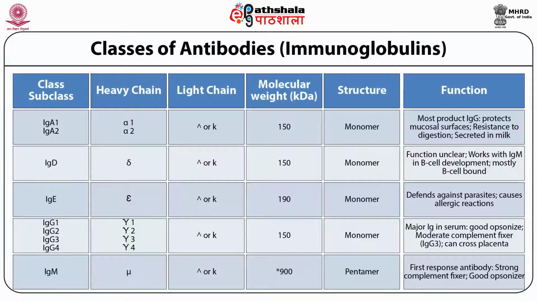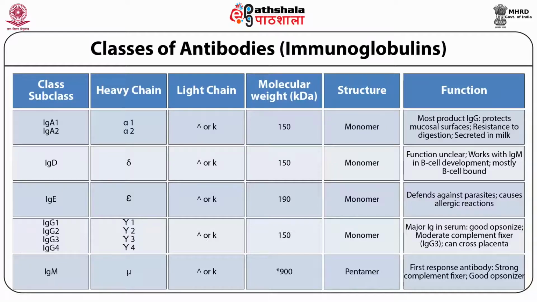If you look at the various classes of immunoglobulins, as I already told you, the first immunoglobulin synthesized in the body is IgM, and it is called a pentamer because five single immunoglobulin units constitute the IgM molecule, and it has a very high molecular weight.